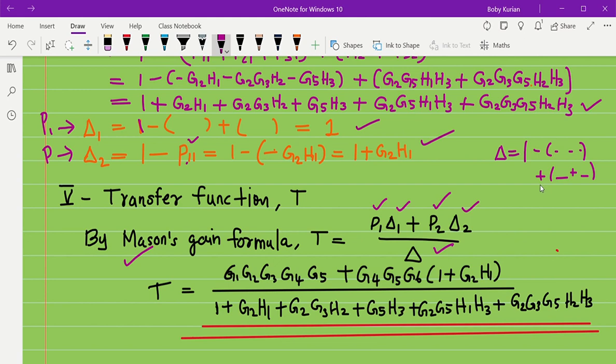The next step would be to subtract the gain products of three non-touching loops if available, but that kind of three non-touching loops is not available in this question. Thus we have found delta 1, delta 2, P1 and P2, and substituted them in this formula to obtain the final answer, the overall transfer function.